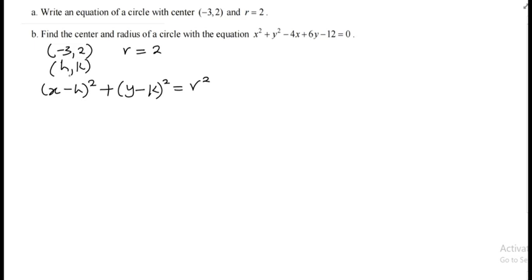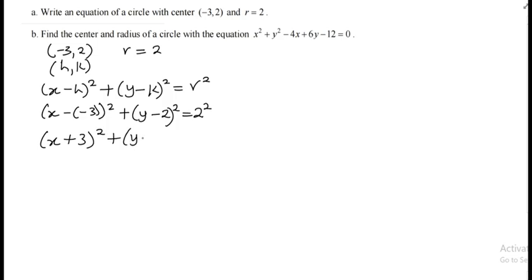So if you now input h to be -3, you have (x - (-3))² + (y - k)², where k is 2, equal to r², which is 2². So here we'll have (x + 3)² + (y - 2)² = 2².